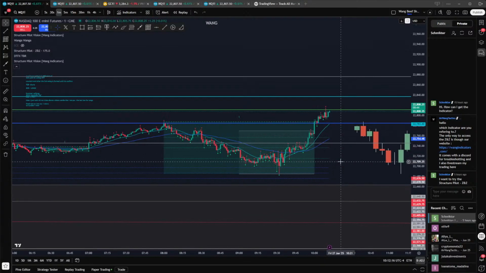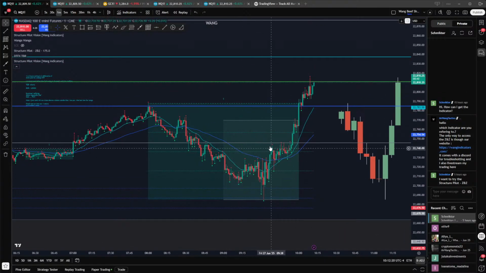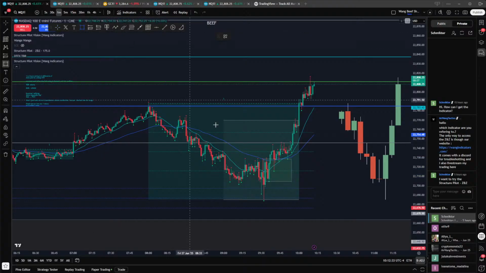And let's go now, swings. I have one here, second one there. That would be three on the lower time frame. When that comes above here, it would be three on the lower time frame of this.